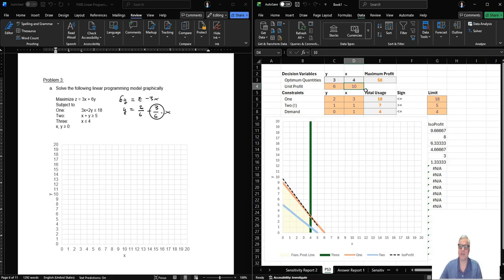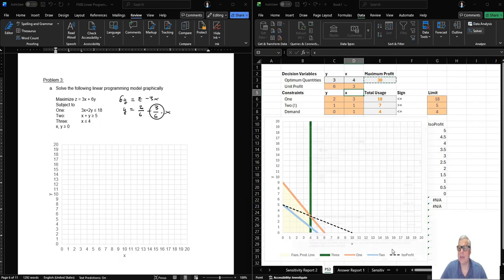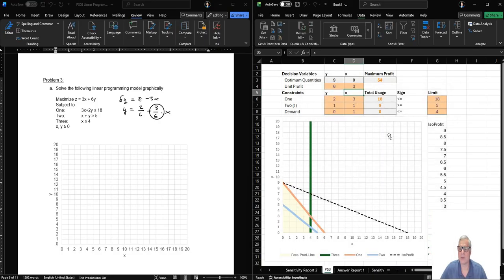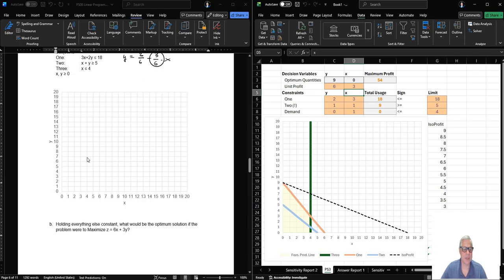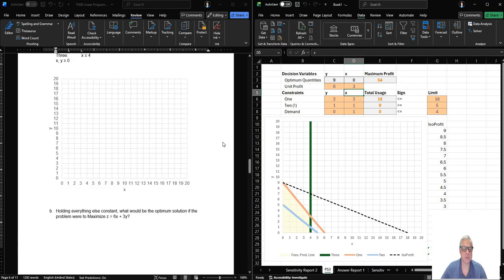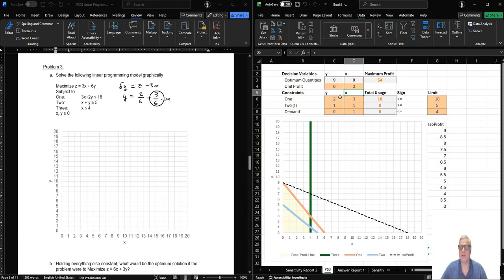But let's just go back to where it was, 6 and 3. And let's take a look again at the optimum solution. And we could look now at the sensitivity report, the limits report, but I think that's clear. The next thing is, holding everything else constant, what would be the optimum solution if we change the prices?